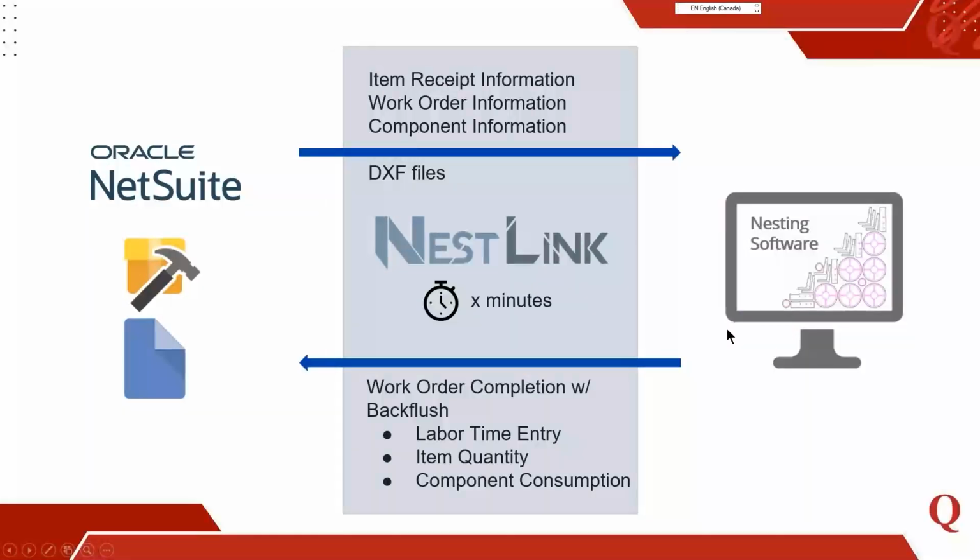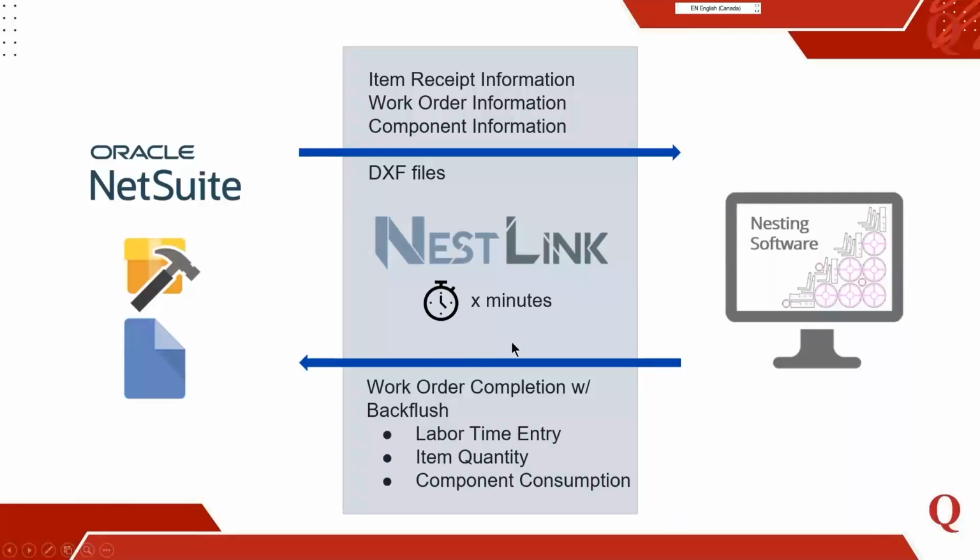A quick visual overview of how the data flows from one system to the other. So from NetSuite, we're tracking those newly received sheets, the item receipt information. We're also tracking work order information and component details pertaining to those work orders. All of this data is synchronized with the nesting software by NestLink checking for released work orders every so often.